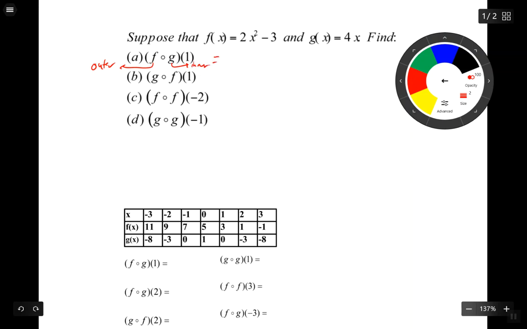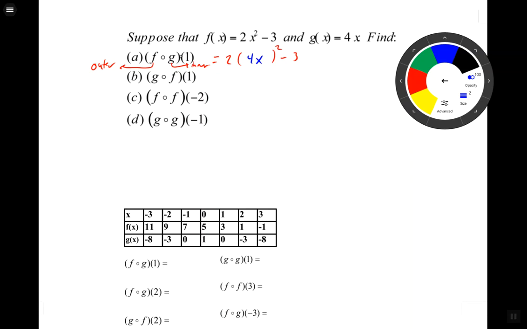So does that mean this is going to be the outer function, which is 2, put a parentheses, leave a blank, minus 3 and square that? Is that the outer function? And then you're going to put the 4x as the inner. Do y'all see what I did? So if it's f o g, f is the outer, g is the inner.